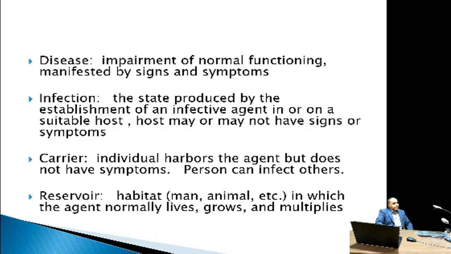Disease, impairment of normal functioning, manifested by sign and symptom. Infection, the state produced by the establishment of an infectious agent in or on a suitable host. Host may or may not have sign or symptom.